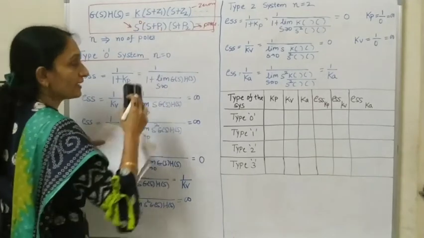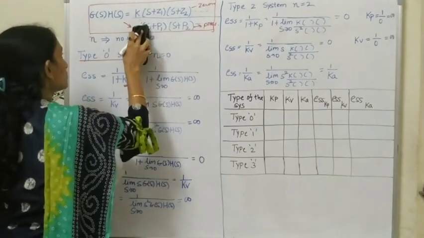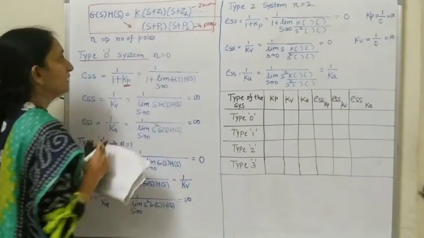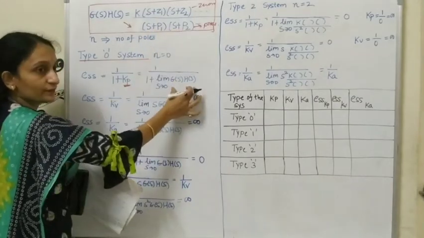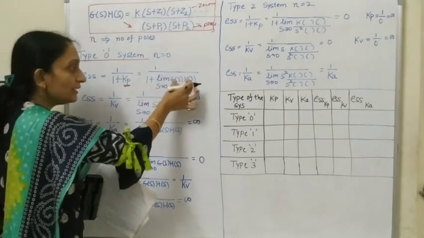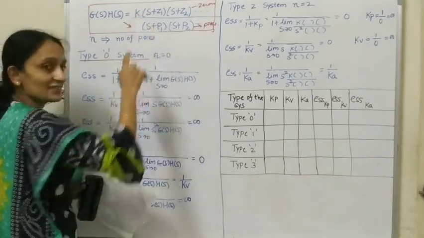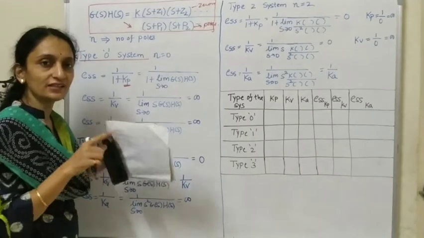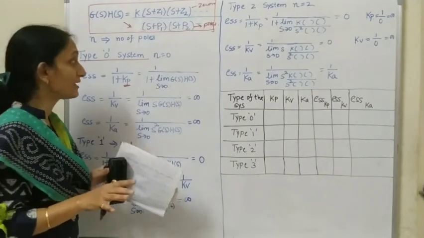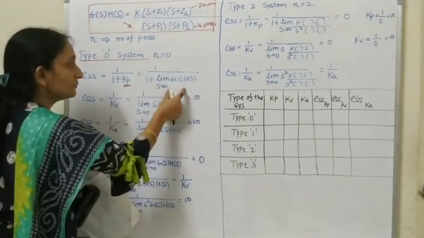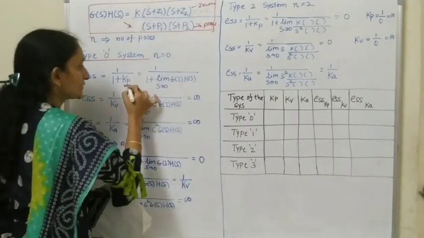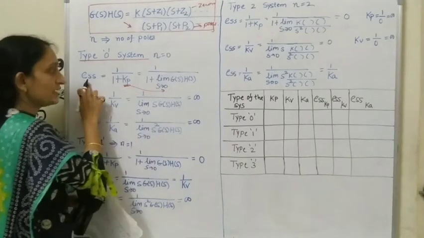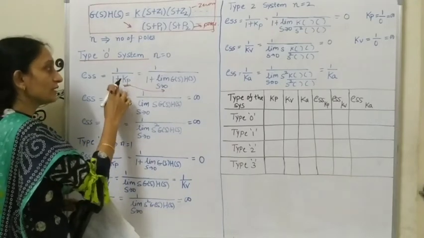So we know that s raised to power 0 is 1, and you can check that your transfer function will be replaced with this transfer function. When you take the limit, there is no s in the numerator and no s in the denominator, so it will not cancel. Okay, so this term is as it is. So Kp is given with this formula, and the steady state error is given by 1 upon 1 plus Kp.